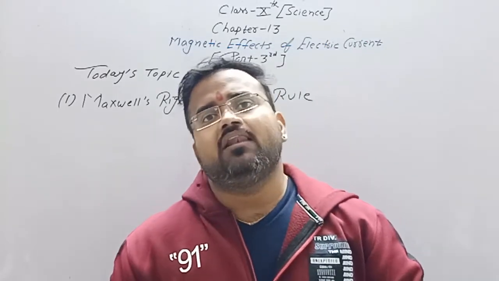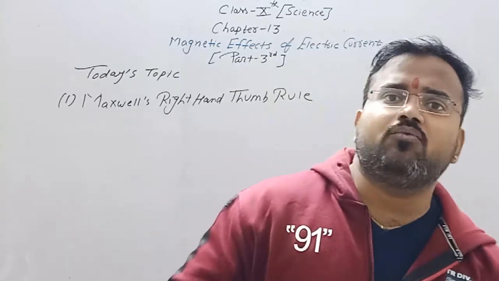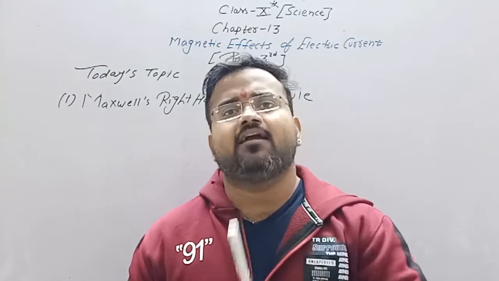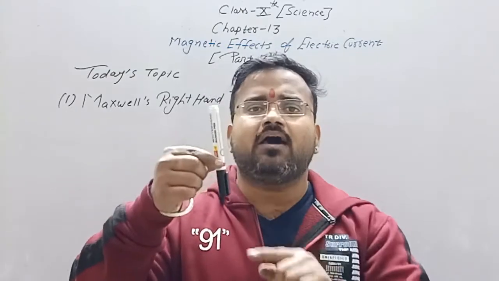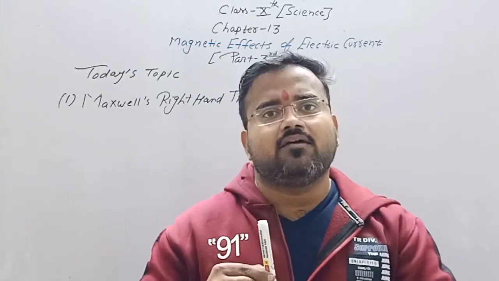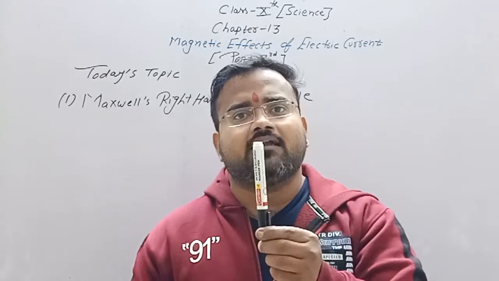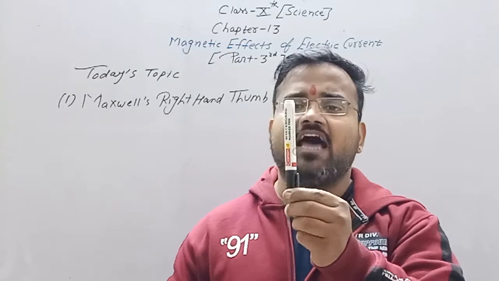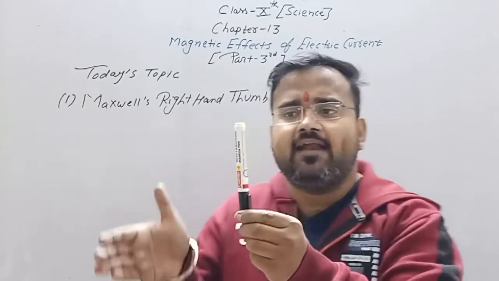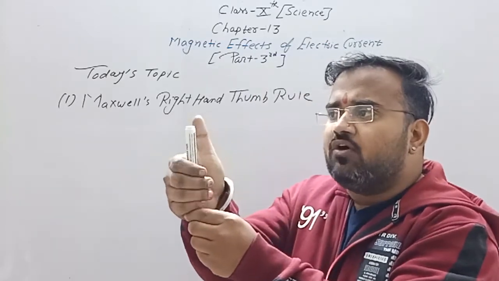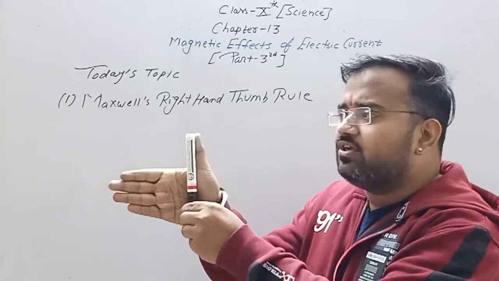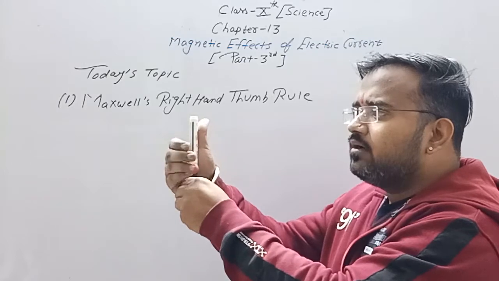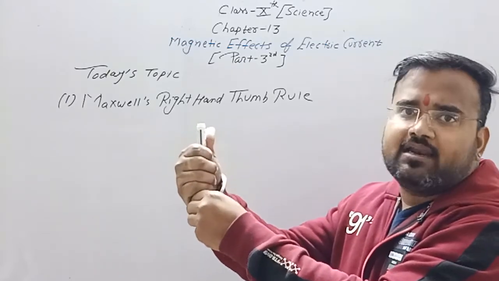Clear? So we'll understand this Maxwell right hand thumb rule with one example. Suppose this is the current carrying conductor. For example, through this marker current is passed. Suppose this is a metallic conductor, and if current is passed through this marker, we'll grasp this marker in such a way that the position of the thumb is upward, and our fingers encircle the marker.